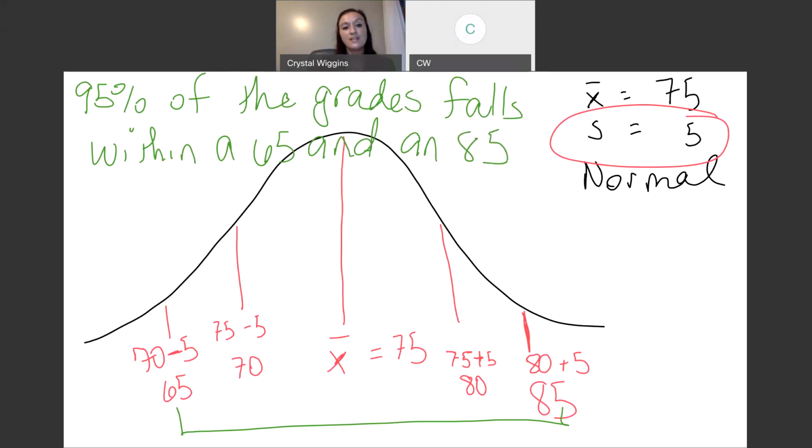So 95% of the class got between a 65 and an 85, between a D and a B. That says a lot to me. Let's go out one more standard deviation.